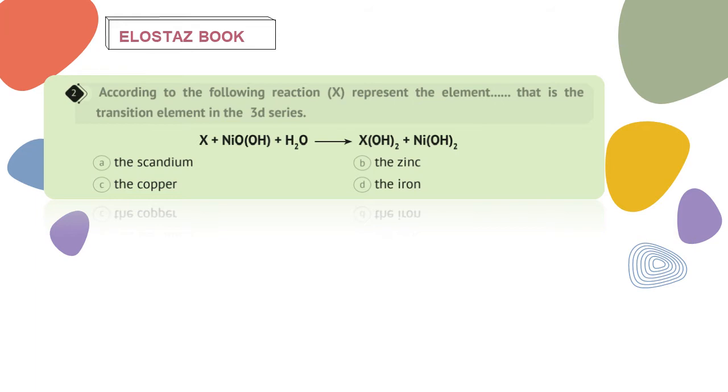So at the end we choose the last one, iron, as it takes the oxidation state plus 2 and it is more active than nickel, so it will give the two compounds: first Fe(OH)2, and the other product will be Ni(OH)2 also. So the right answer here will be iron.